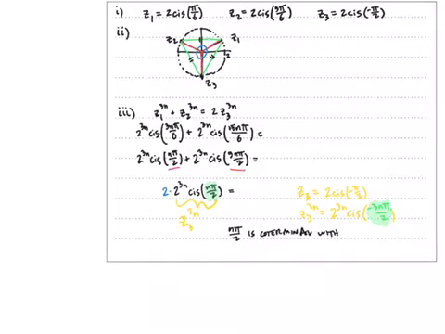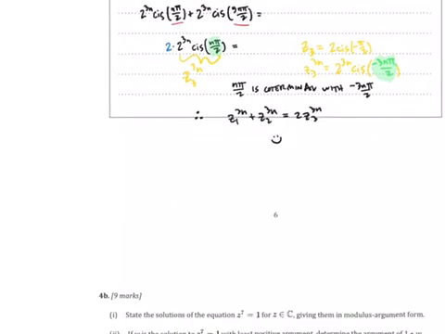Therefore, Z1 to the 3n plus Z2 to the 3n is equal to 2 Z3 to the 3n. There you go, guys. All right, let's move on to part B.